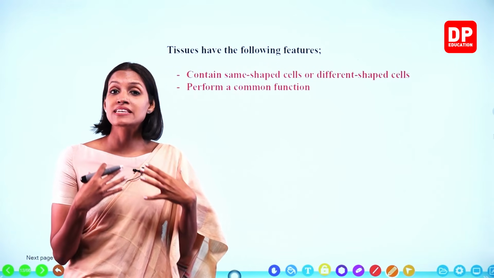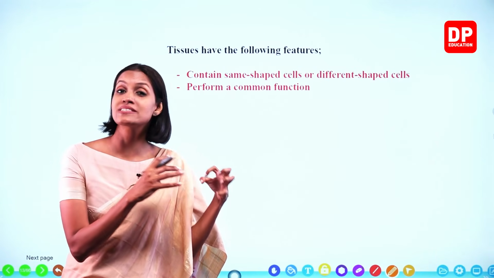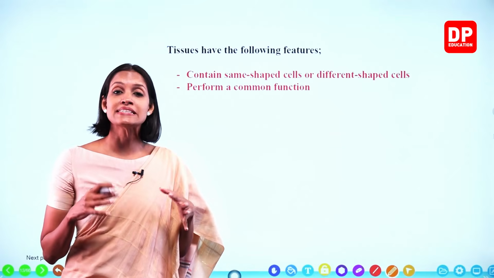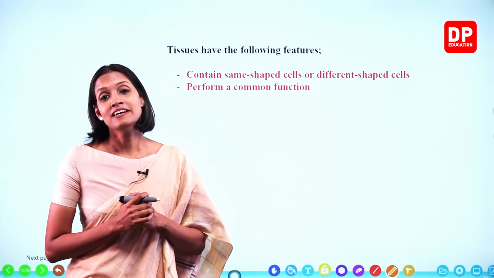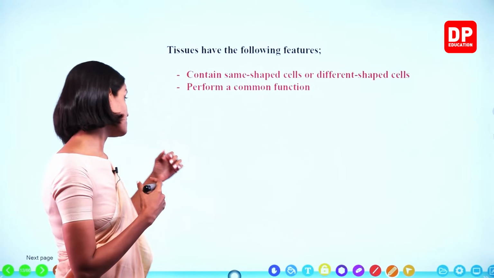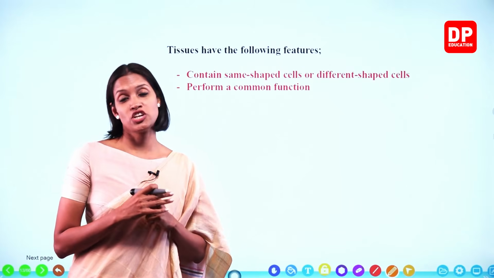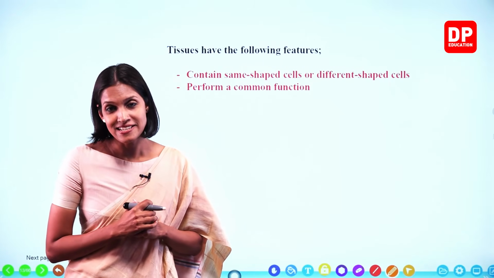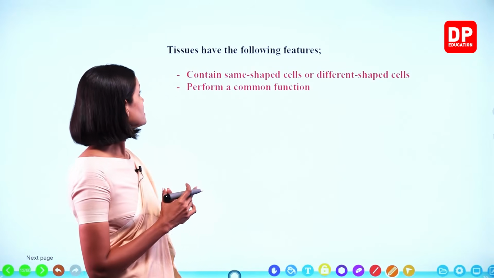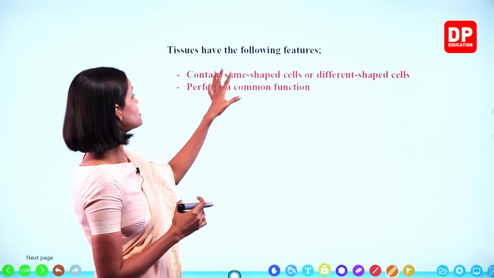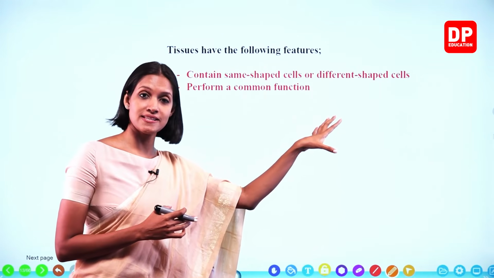The skeletal muscles, the muscles that are connected to the bones, have same shaped cells. We already learned that the lower epidermis of the plant has different shaped cells. The blood tissue has different shaped cells. It depends. So tissues contain same shaped cells or different shaped cells.